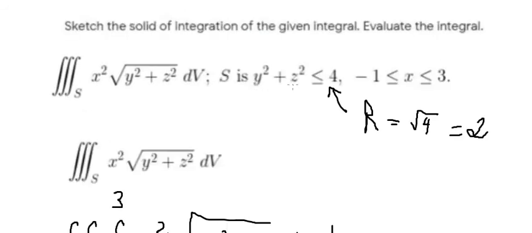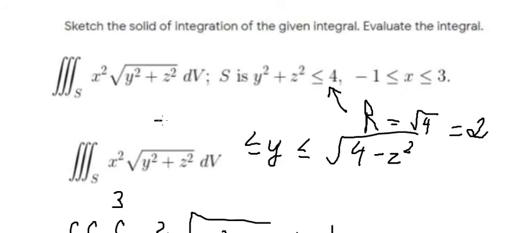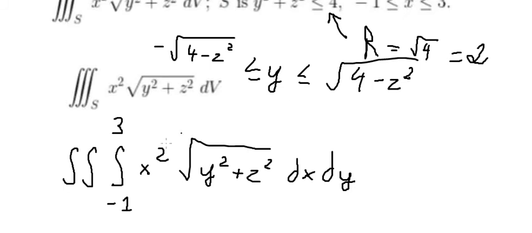So we put the z squared on the right. Later we put the square root on both sides. And you get y between the square root of 4 minus z squared, and the second one, negative the square root of 4 minus z squared. So we will get the boundary of dy. That should be this one and this one.